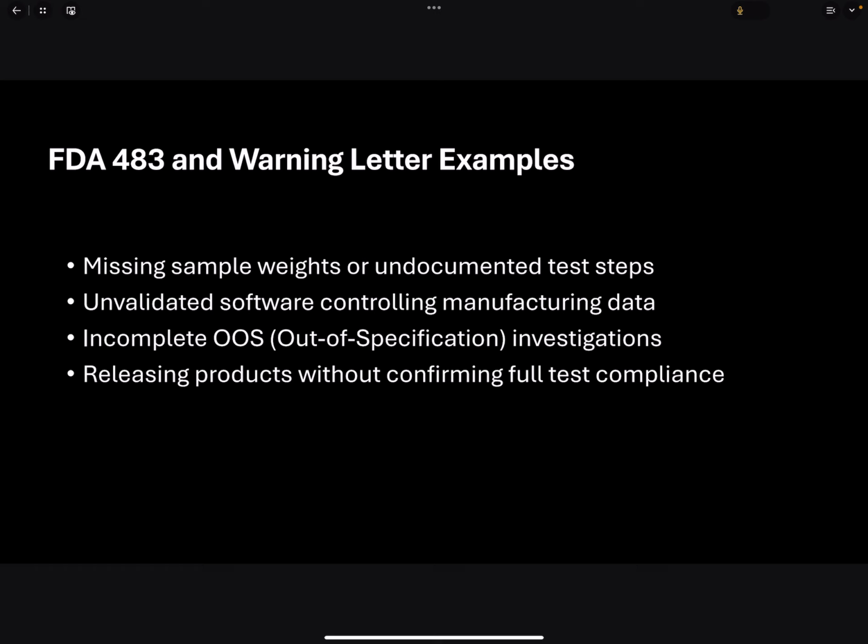These may sound like small mistakes, but in pharma, even small gaps can risk patient safety. That's why every detail, every signature, every timestamp really matters.